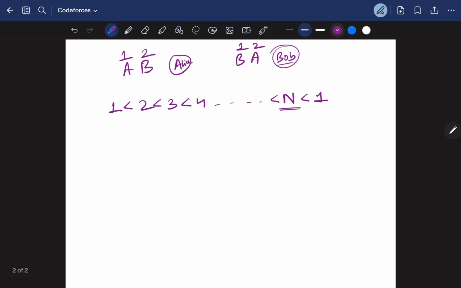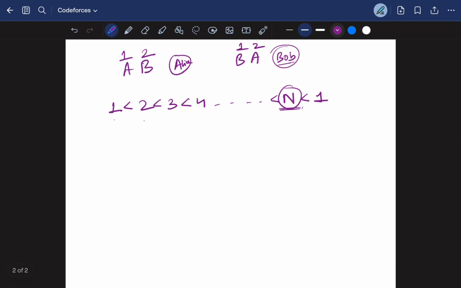This is the order. Now let's think which card can beat the most number of cards among all these cards. Is it the first card, is it the second card, or is it the last card? So obviously it is the last card, right? It can beat all the cards except for the first card.